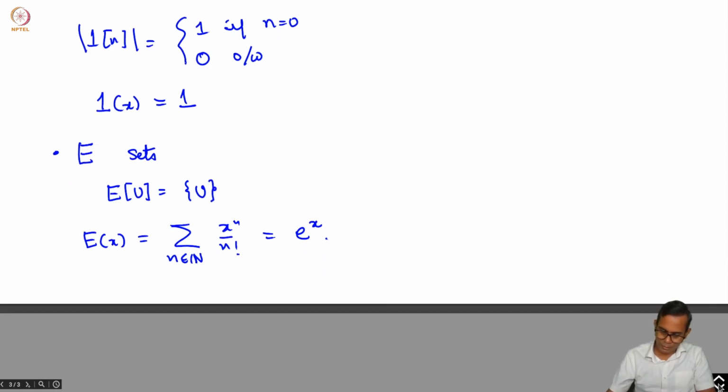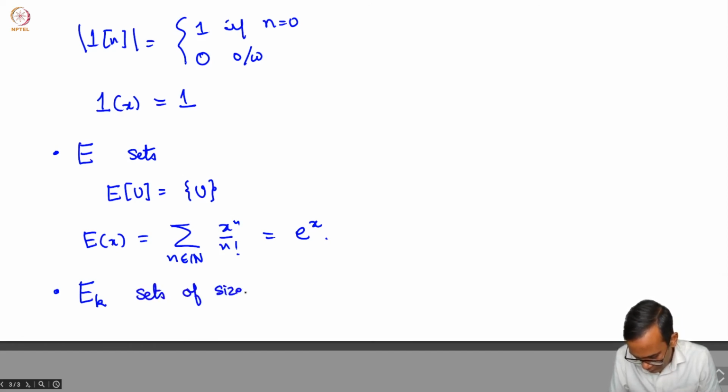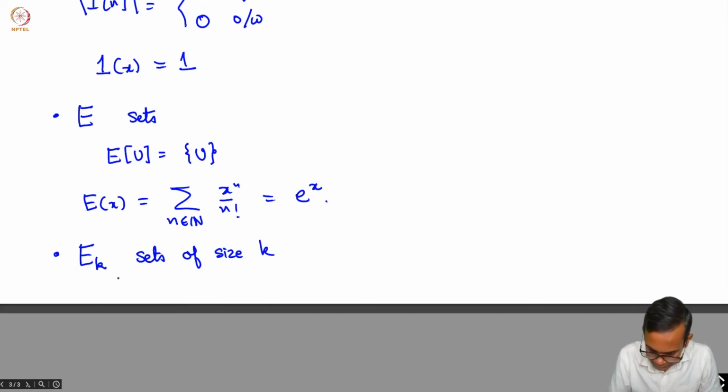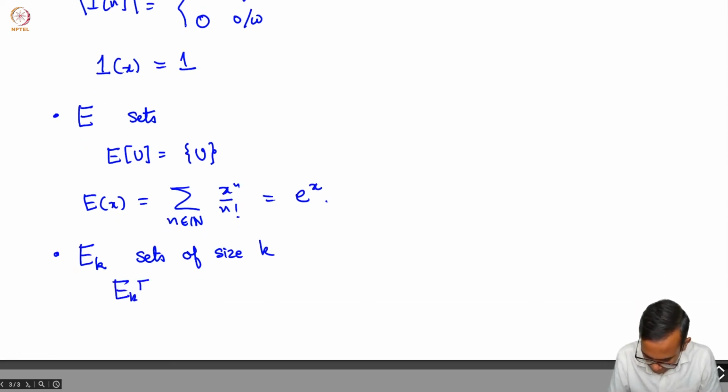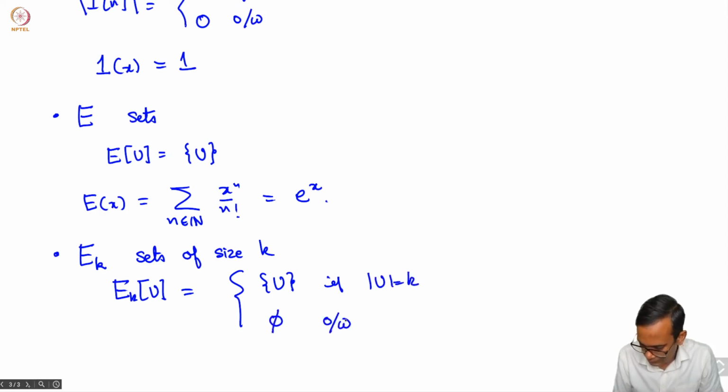Let's see. Okay, maybe one more. E_k is the species of sets of cardinality k, or size k. It's defined as E_k of U is equal to just the singleton set U if the cardinality of U is k and the empty set otherwise.